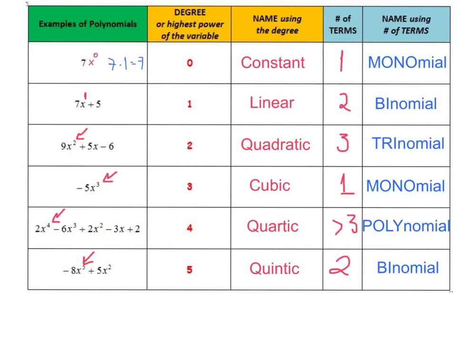Then the next one, this one that is long, a quartic polynomial or a polynomial of degree 4. And finally, the last example, you can name it a quintic binomial or a binomial of degree 5. So as you can see, this is not hard whatsoever. Just watch it again so you can remember it forever. Enjoy it!